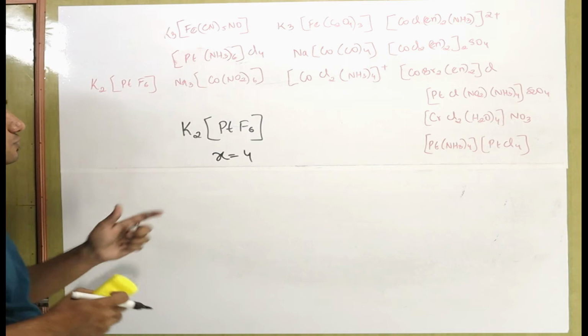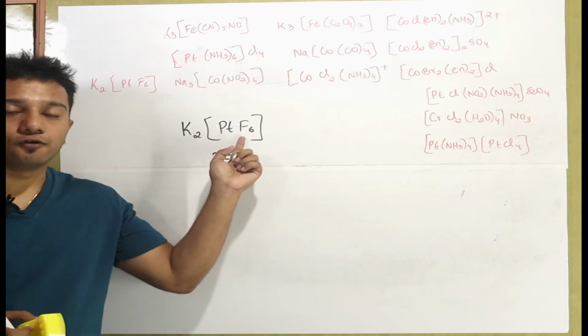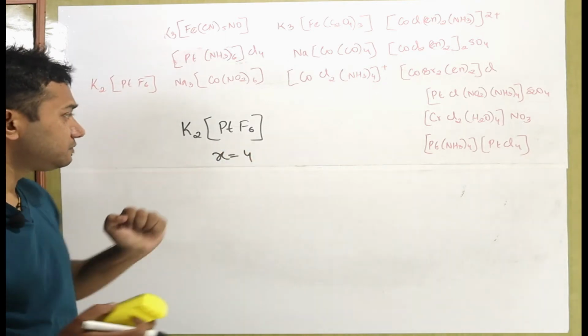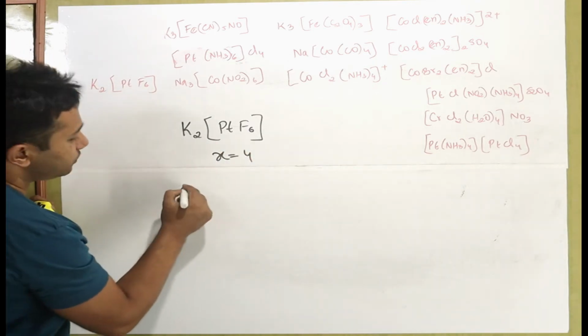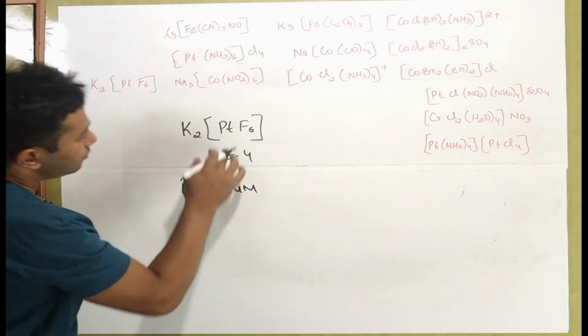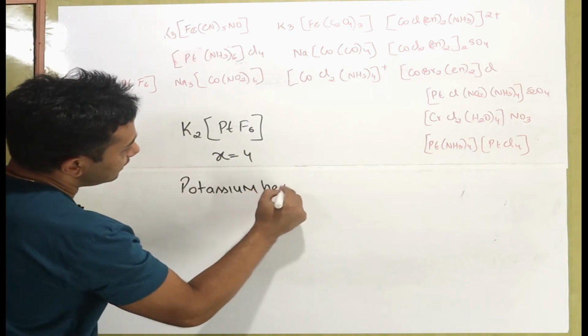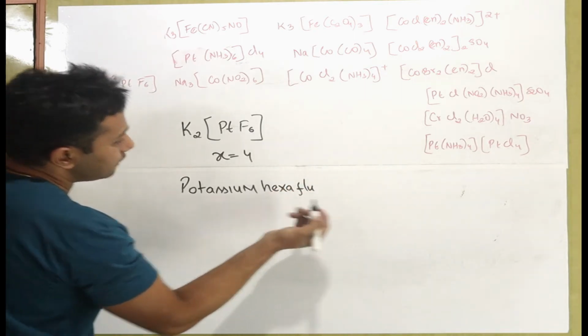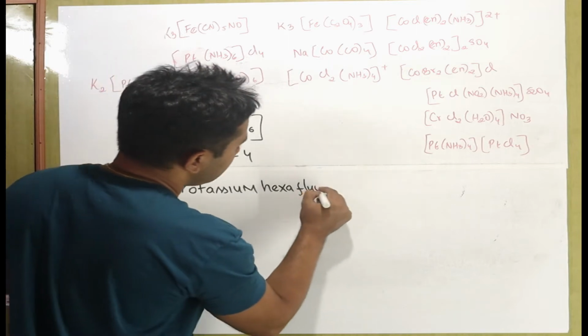In some textbooks they may write fluoro, and in some they may write fluorido also. So we have potassium hexafluoro. If you want, you can write fluorido.